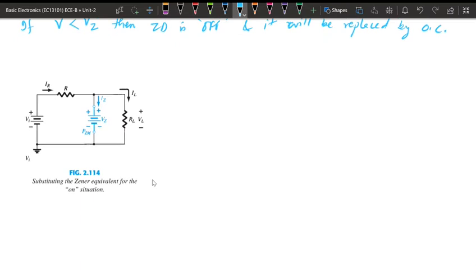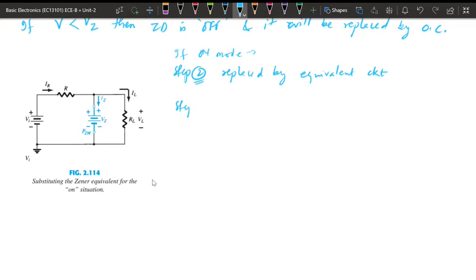Okay, so the next step is step 2. If it is working in on mode, then step 2 is we will be replacing it by its equivalent circuit. That equivalent circuit is a voltage source equivalent to the Vz value, so we will be replacing it by Vz.